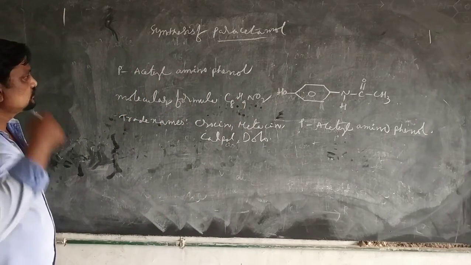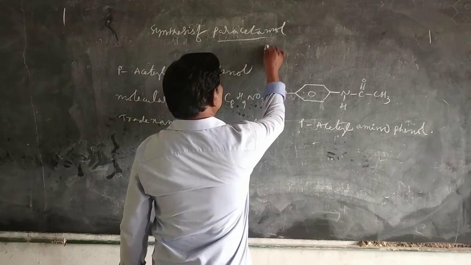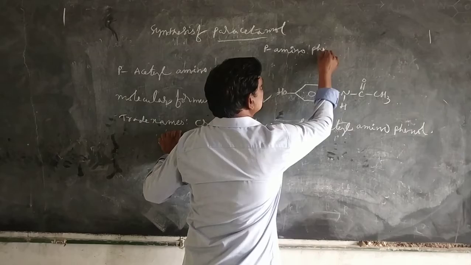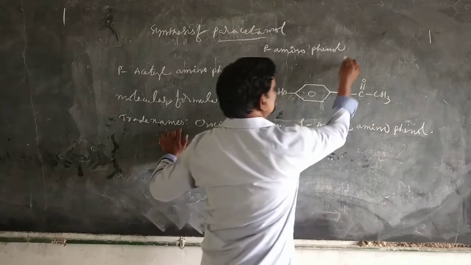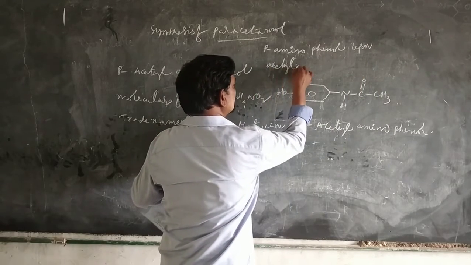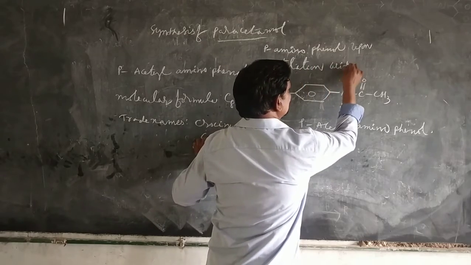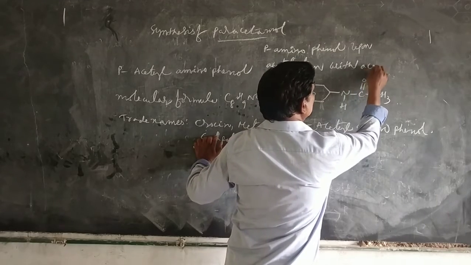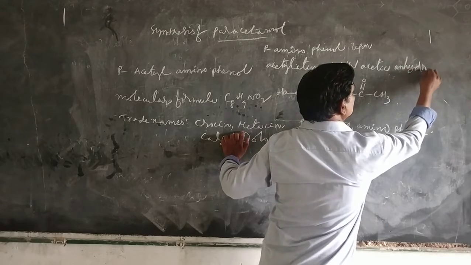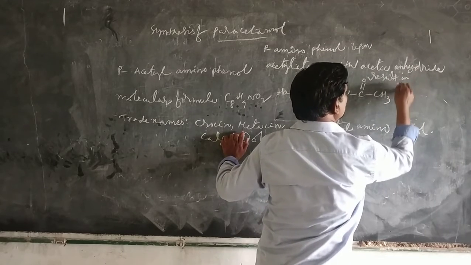So how to prepare paracetamol? Basically, para-aminophenol upon distillation with acetic anhydride results in paracetamol.